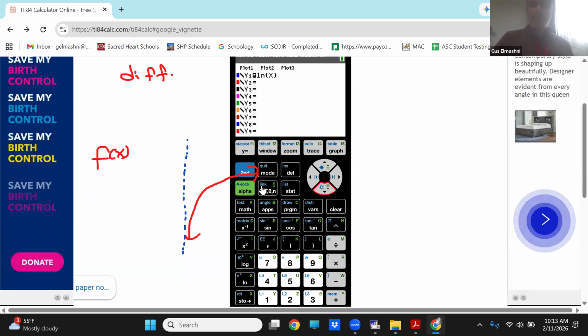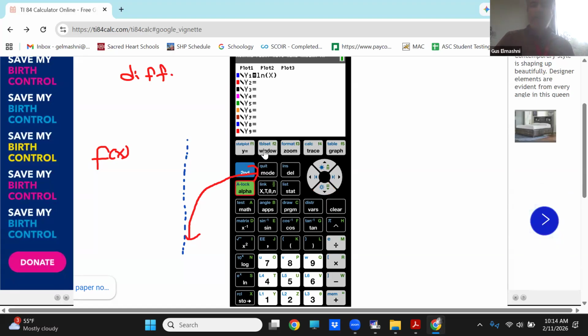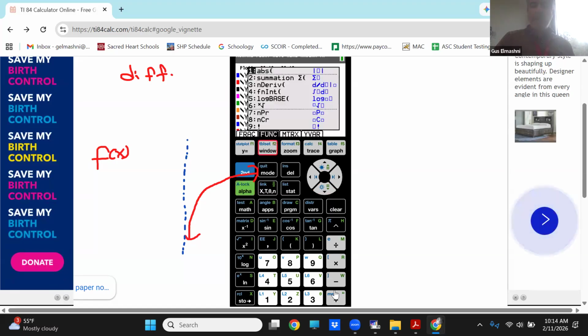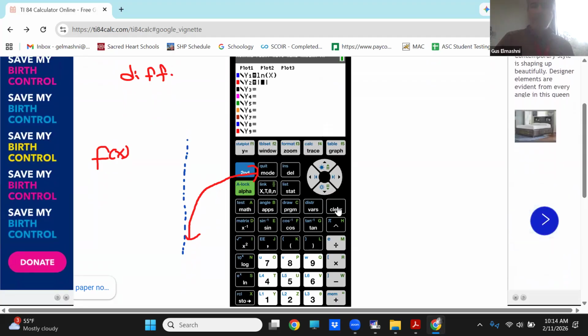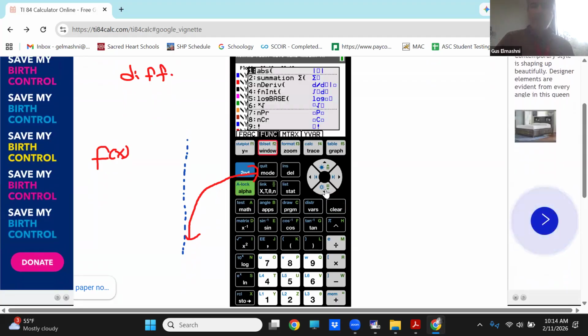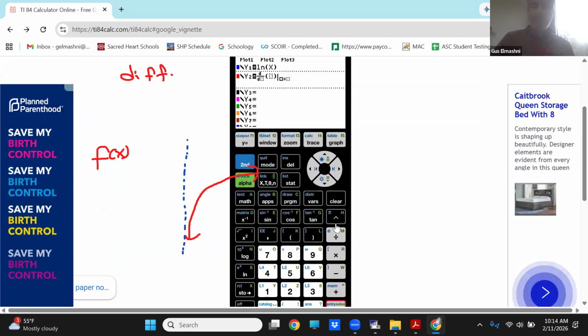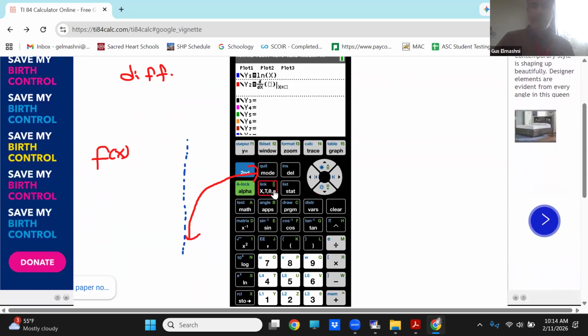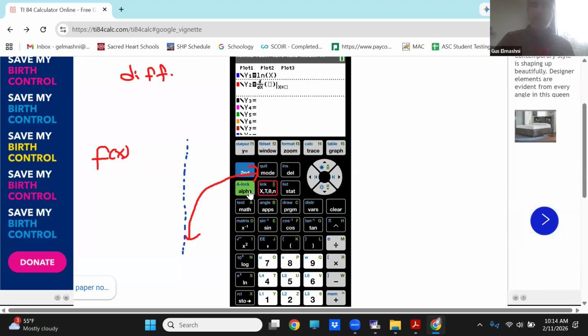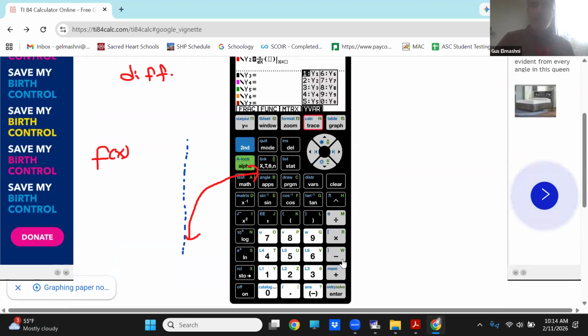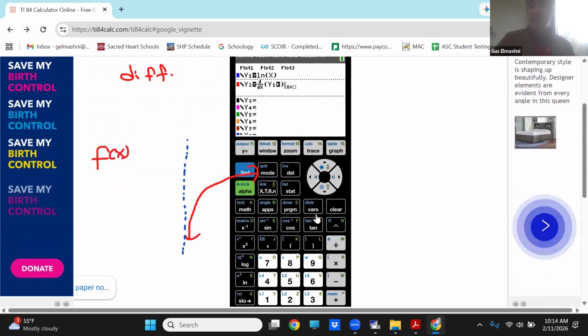Now here's what you do. Get alpha window, pick the derivative feature. That's the wrong one, sorry. Alpha window, there we go. d/dx. Now I'm going to put y1 in the parentheses. So I'm going to alpha trace y1, or you can type natural log of x.